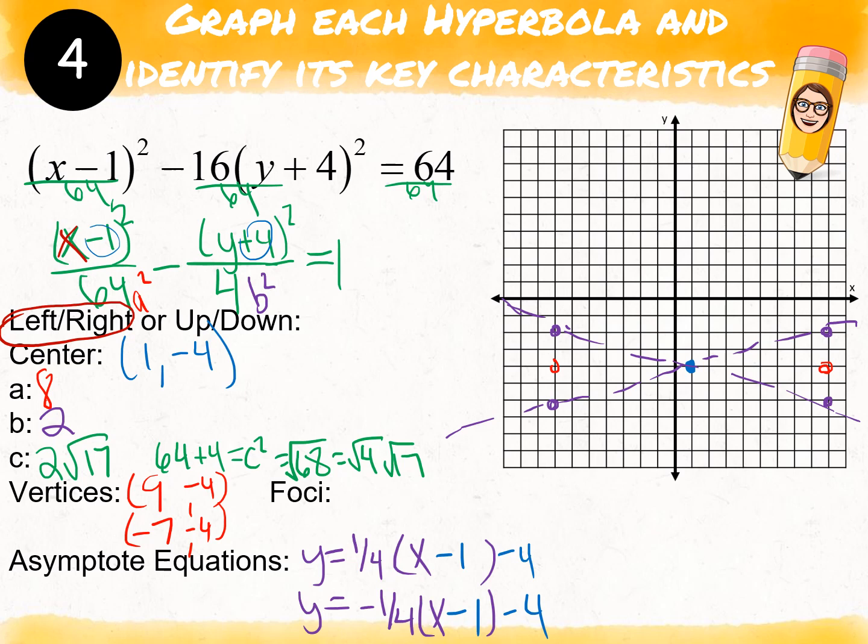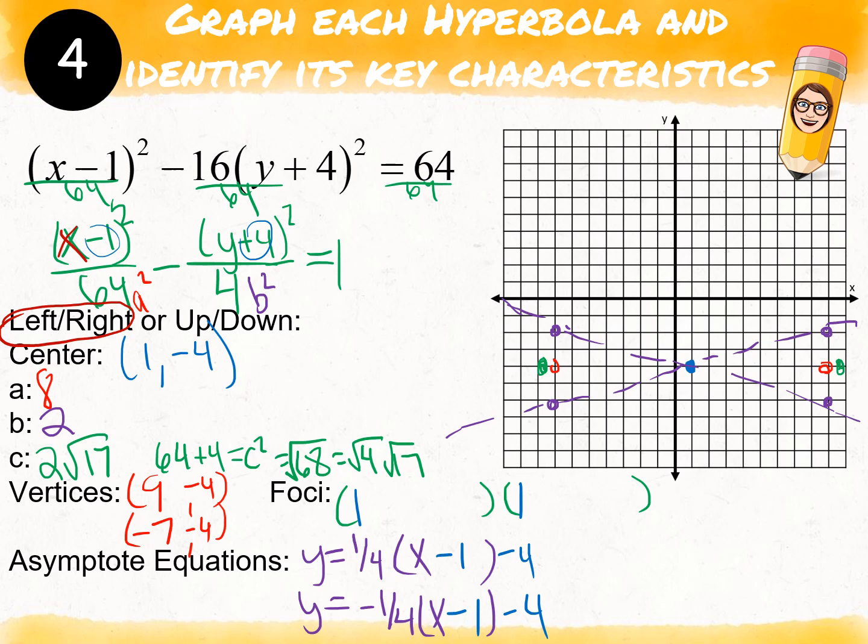Now I need to think about where that would be. What's the closest perfect square to 68? 64, right? So we're just going just past 8. That makes perfect sense. So when I write these dots, we have to change our x value. The x value on our center was 1.